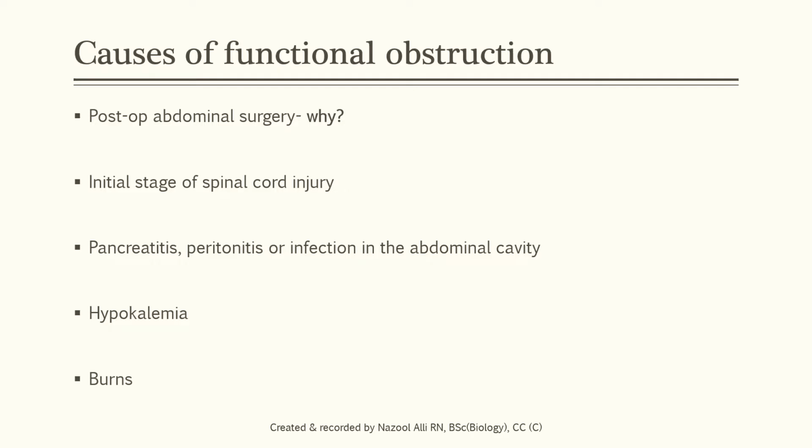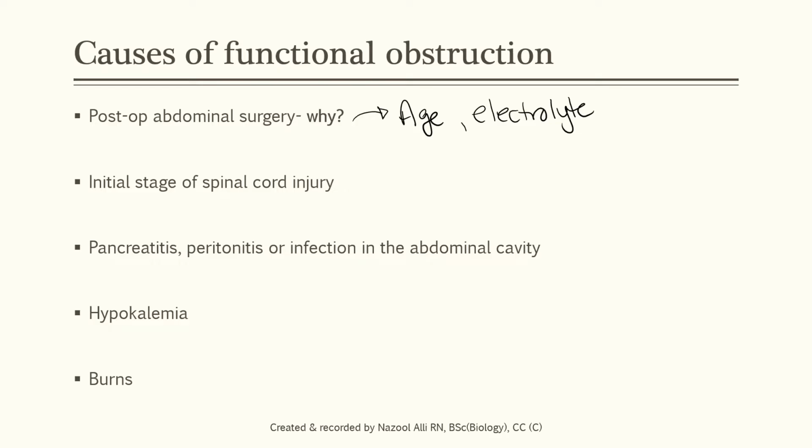So some of the things that can result in a patient ending up with functional obstruction post-op could be age, could be a big reason in why they're at risk. Electrolyte imbalances. So when we look at some of the electrolytes that can become imbalanced during surgery, potassium, sodium, those are all things.